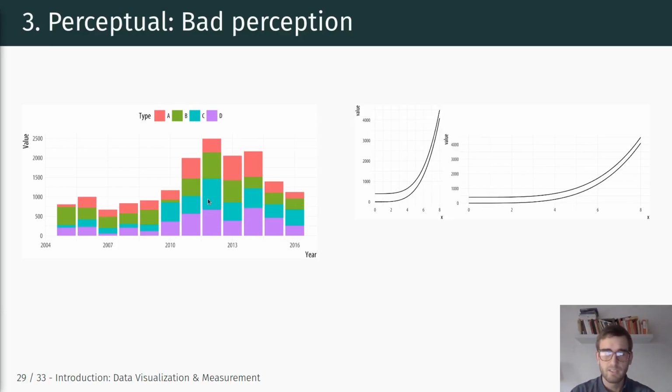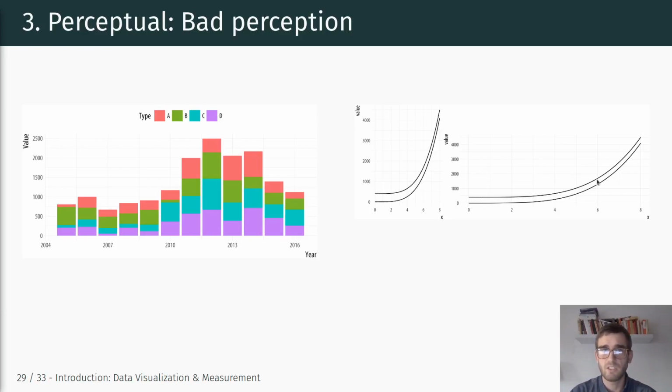Another example is graphics where we see some kind of trend. For example, here we have some exponential growth, and the key point is that the aspect ratio, the ratio of the x-axis to the y-axis, and the scaling can change your perception of the intensity of that growth, right?